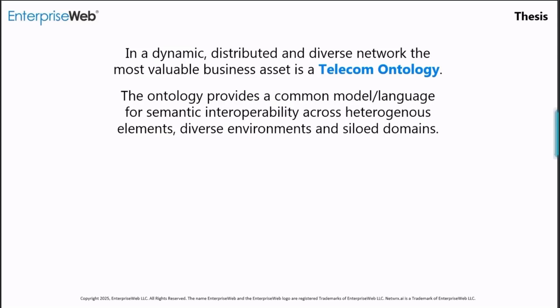If you could have a common language that spans all of your use cases across all of those different kinds of elements, environments, and domains, then you could really have network visibility and support real network optimization and automation.